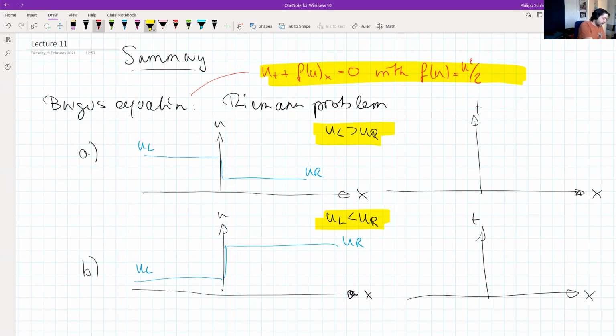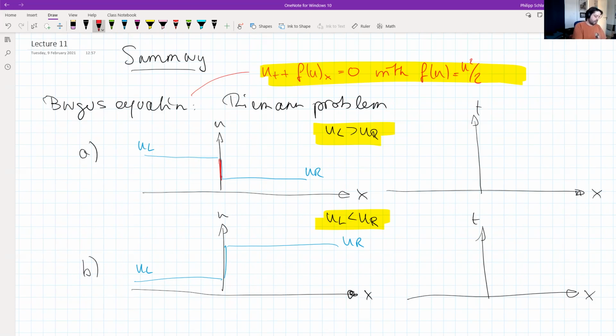Now what happens in the first case is that the speed of the characteristics corresponding to the left side is larger than on the right side. So that means that the left side is essentially overtaking the right side. And this overtaking means that this discontinuity that we have here is essentially surviving as a shock in the future time evolution.